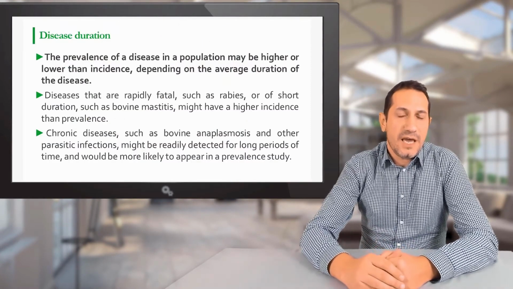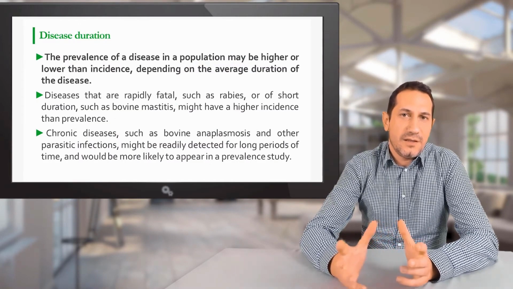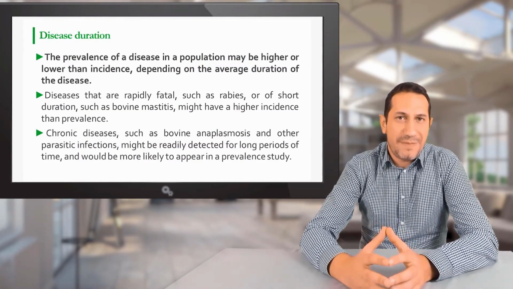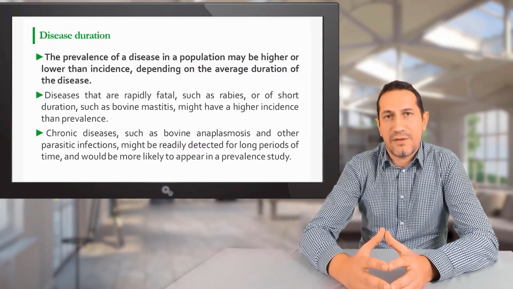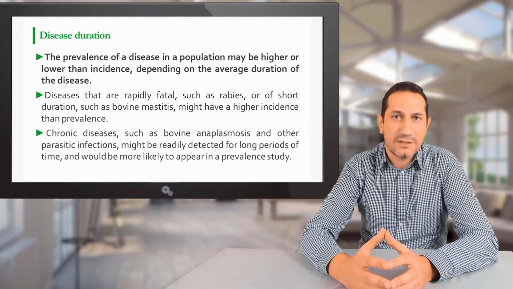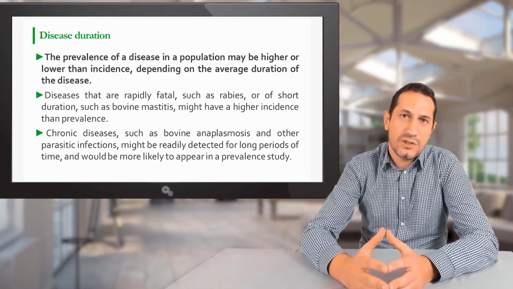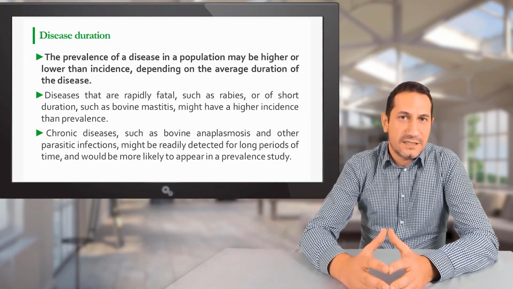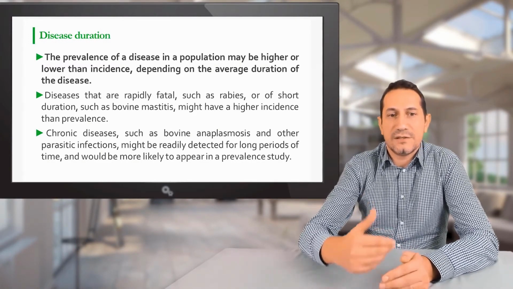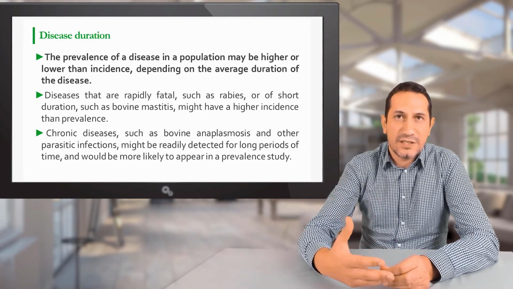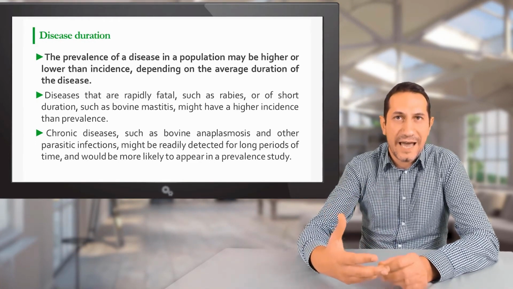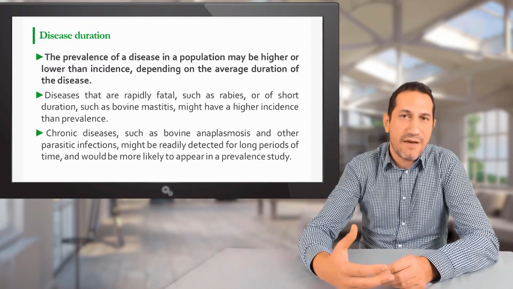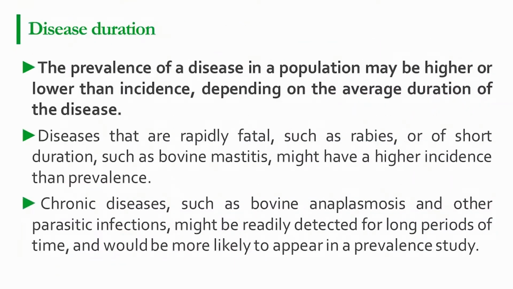And if we have in mind that the prevalence is dependent on the deaths and the recoveries, of course, this is linked to the duration of a disease. And because prevalence is sensitive to that, for a disease in a population, the prevalence might be higher or lower depending on the average duration of the disease, meaning how fast an animal will recover or how fast the animal will die.